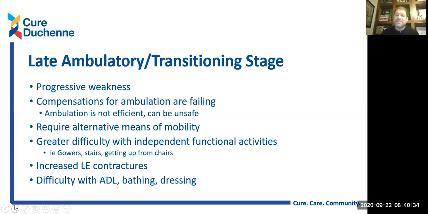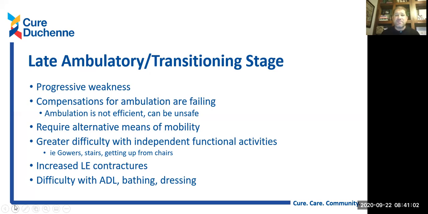But really at this stage, we need to be looking at what they need to preserve function, and also how we adapt or modify their activities. So if they're not able to get up from the floor, if they're having difficulty getting up from chairs, if their positioning in a chair at school does not look good, or they're really asymmetrical, we want to look at those things.